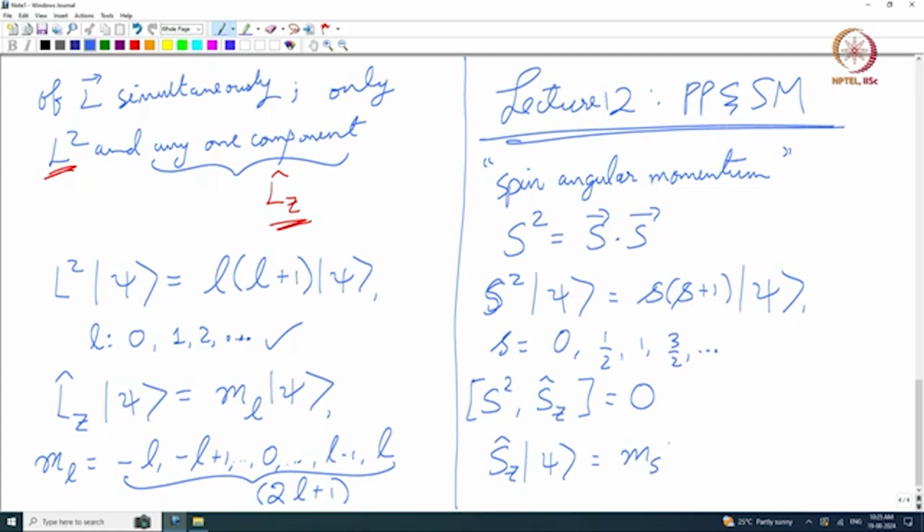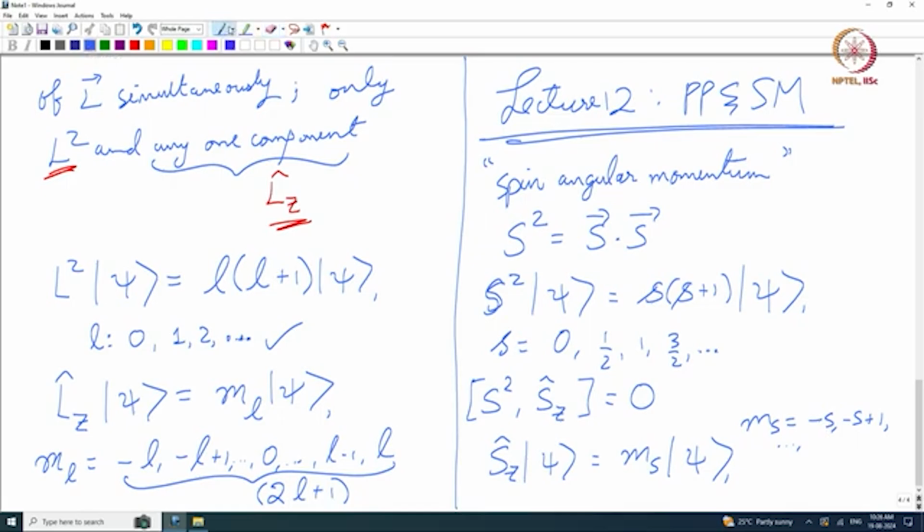I can now write this as Ms, and Ms takes on values minus s, minus s plus 1 and so on, all the way to s minus 1. In this case let me be a little clear, actually this was a mistake. This time it need not pass through 0. Why? Because s is a half integer. Over here it had to because L was a whole number, but s is not a whole number, good.